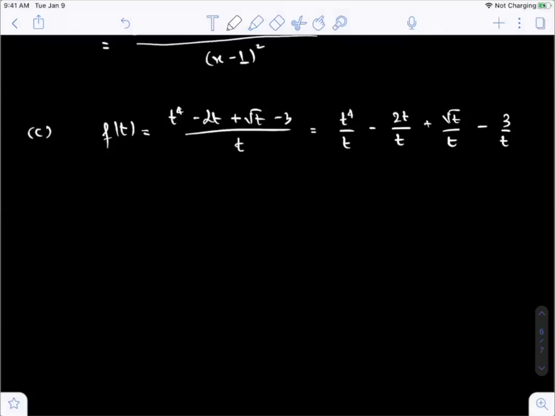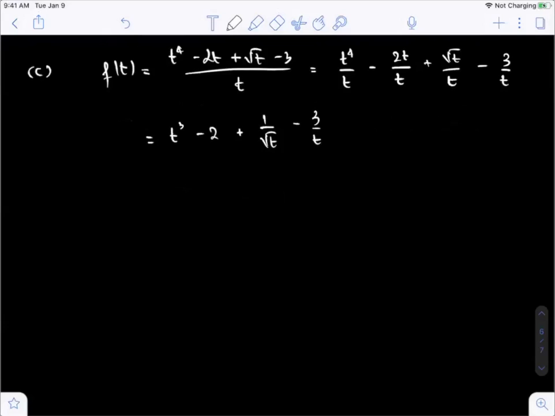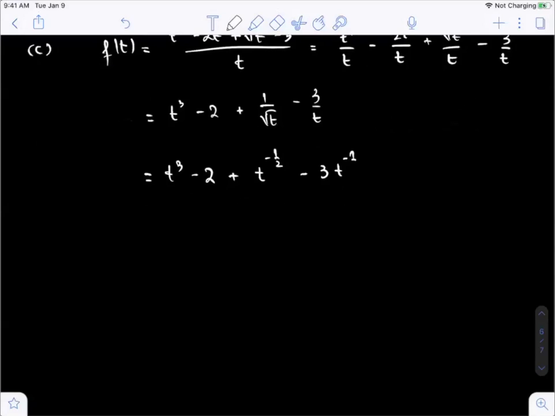If I simplify this, I get t cubed minus 2 plus 1 over square root of t minus 3 over t. I turn everything into power functions because that is easier for taking derivatives. So I can write t cubed minus 2 plus t to the negative 1/2 minus 3 times t to the negative 1. The derivative of t cubed is 3t squared.